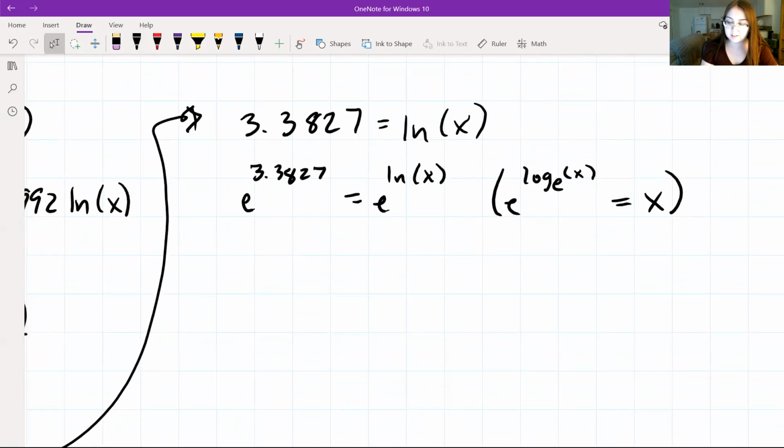Now, since we know that this is equal to x, we get that x is equal to e to the power of 3.3827.